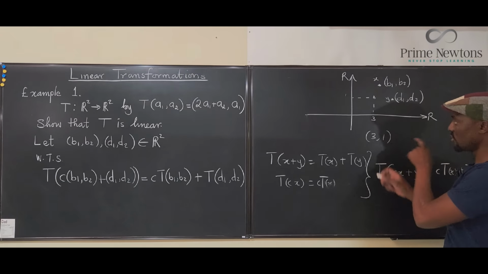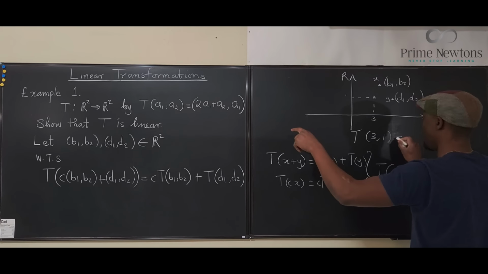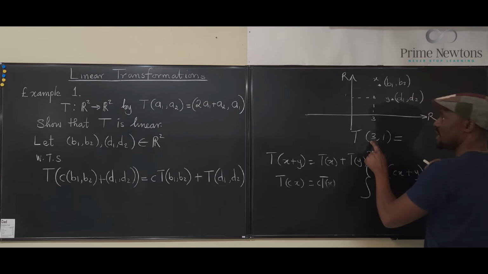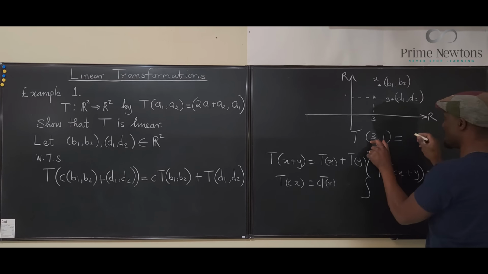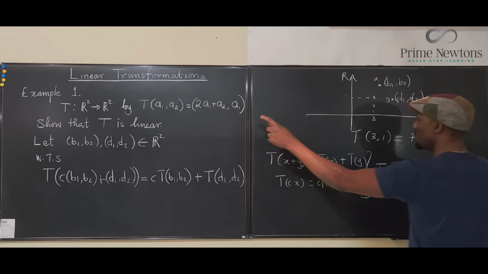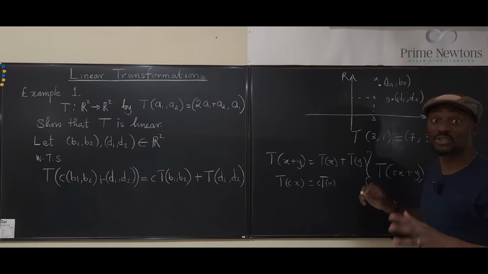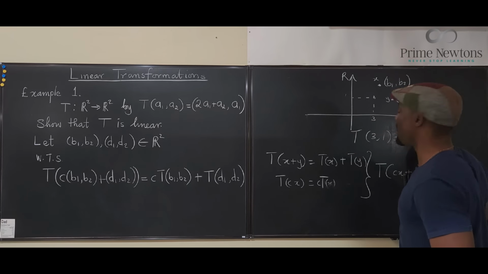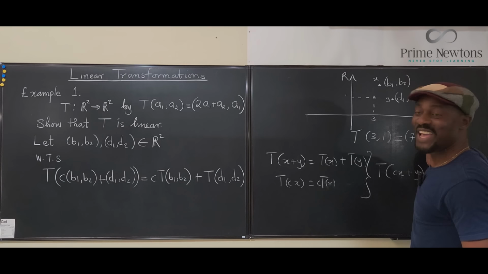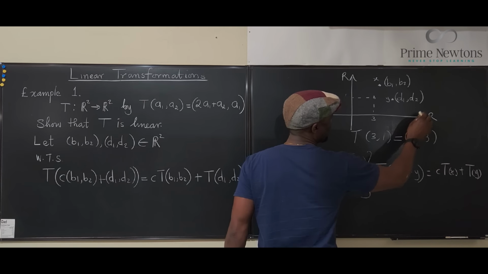So the transformation of this, based on this rule, we double the 3 and add 1, so we get 7. And on the right-hand side, it's going to be what used to be the domain, which is 3. So the transformation of 3, 1 would have been 7, 3, which has got to be somewhere here.